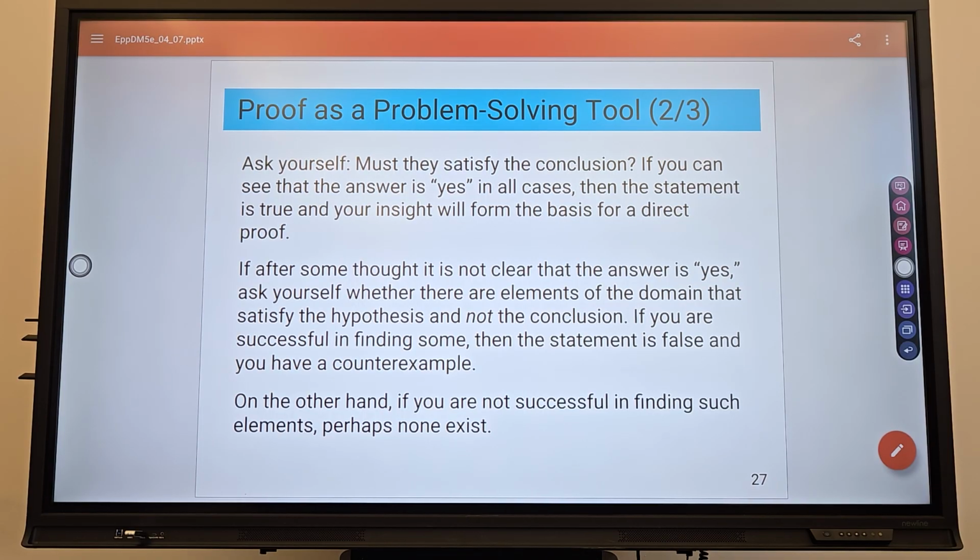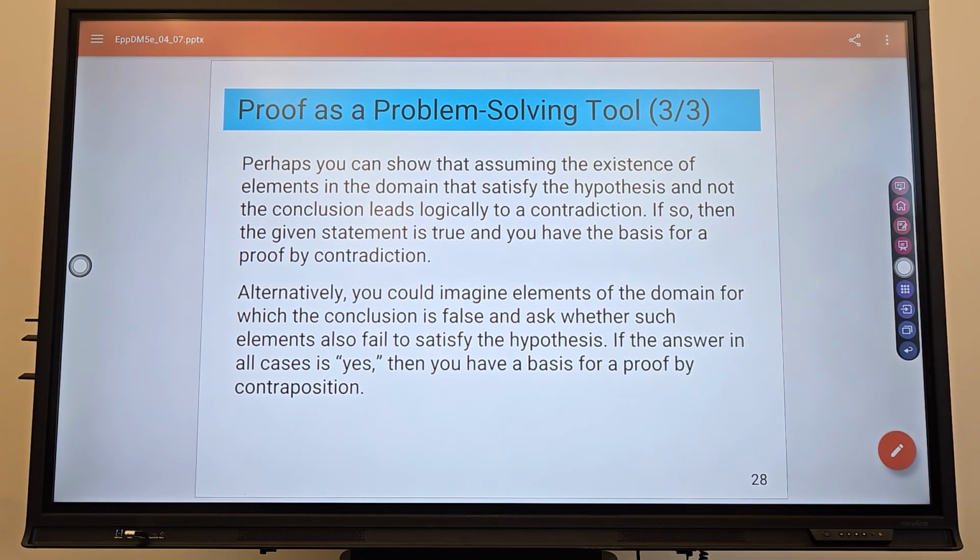If it's not clear whether the answer is yes, ask yourself whether elements of the domain satisfy the hypothesis and not the conclusion. If you find one, then the statement is false and you have a counterexample. On the other hand, if you are not successful in finding such elements, perhaps none exist. Maybe you can show that assuming the existence of elements in the domain that satisfy the hypothesis and not the conclusion leads logically to a contradiction.